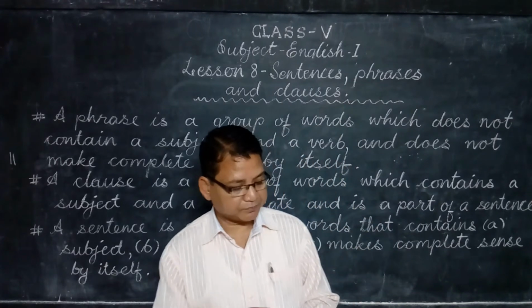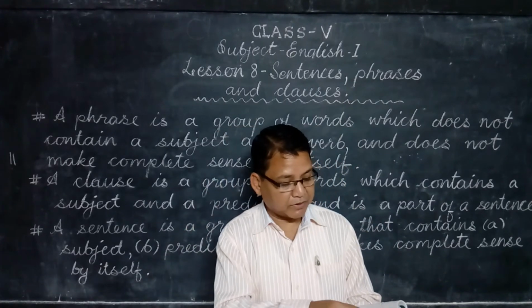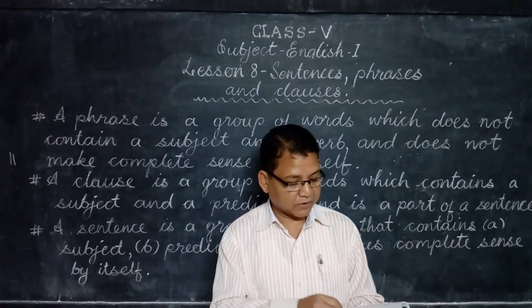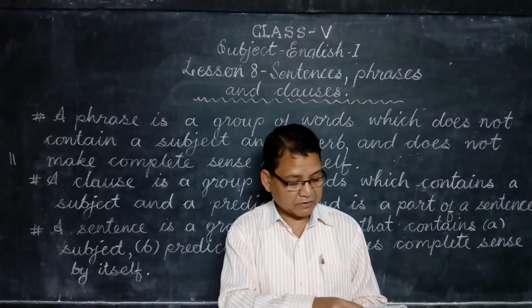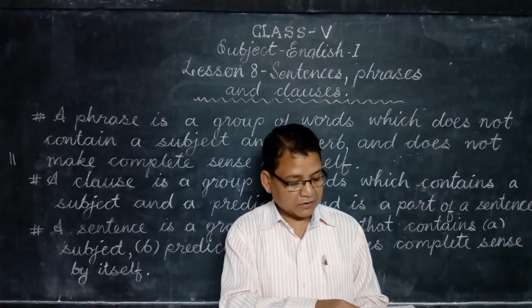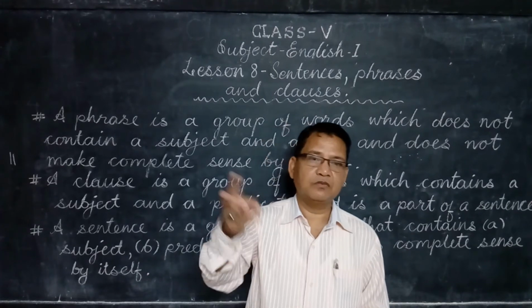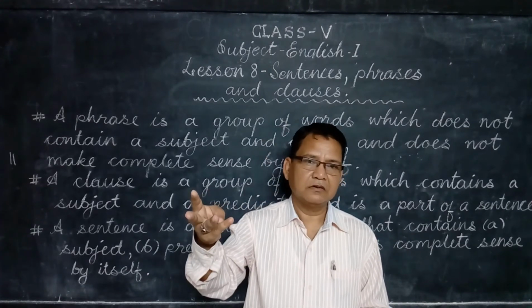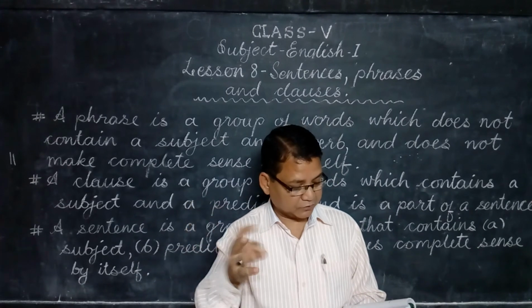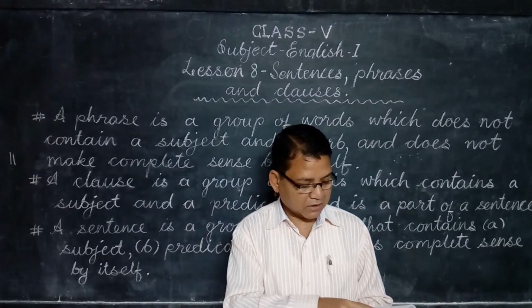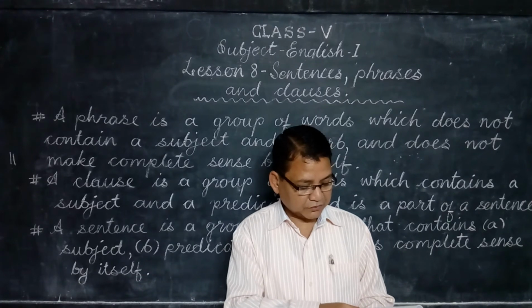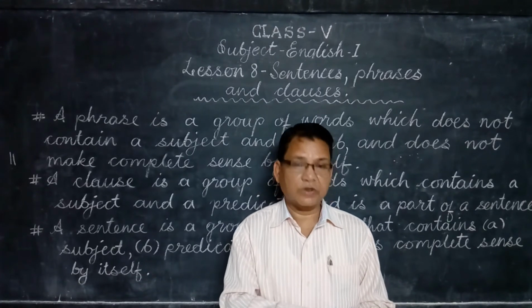In the first one, there is only one clause: birds were flying in the sky. In the second one, there are two clauses: the fishing boats will return when the sun sets. In the third one, there are two clauses: as soon as the vacation starts, we shall go on an excursion.